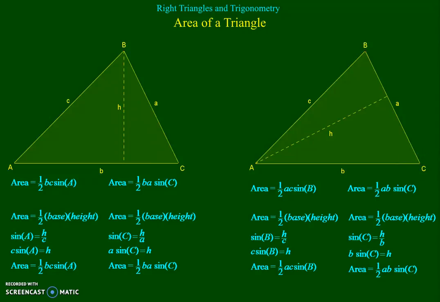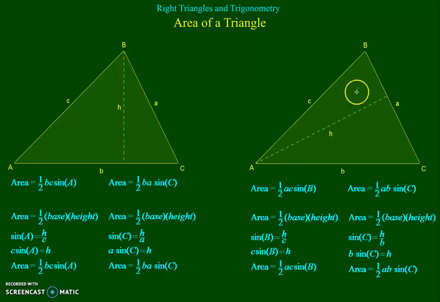So representing that, again, 1/2 base times height. If we were to use this angle, it would be 1/2 base. In this case, it would be A, would be the base of your triangle. You have to kind of look sideways at it, times this height.